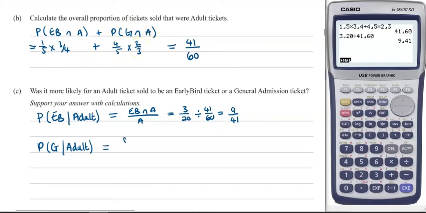So that is 8/15 divided by the adult proportion, 41/60. That's 32/41. So now comparing these, it was more likely that an adult ticket was a general one than it was an early bird one.